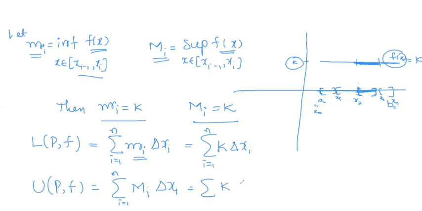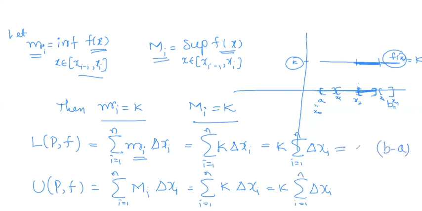Here also k into delta xi, i running from 1 to n. Since k is constant, you can take it outside the summation: k into summation delta xi, and here also k into summation delta xi. As we observed initially, summation delta xi is nothing but b minus a. So it is k into b minus a, and this is also k into b minus a. This is the value of the lower Riemann sum and the upper Riemann sum for any partition P.